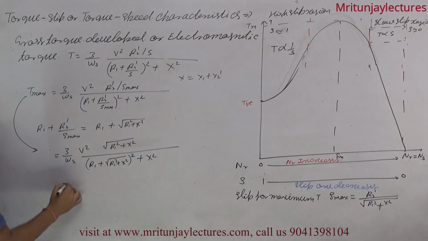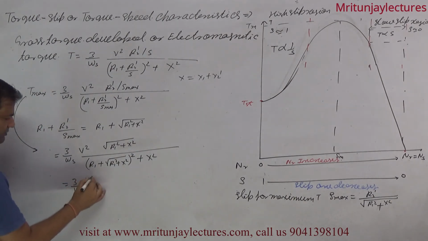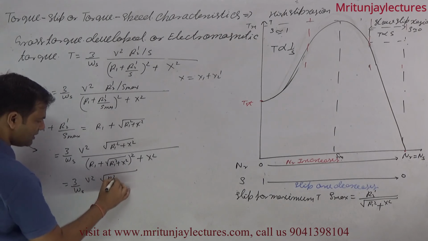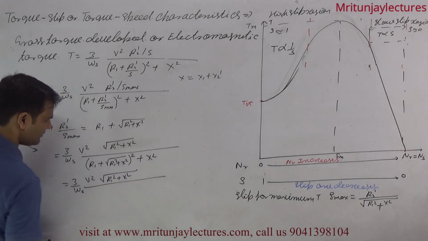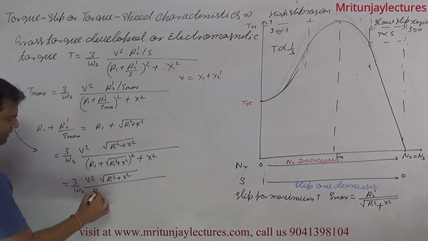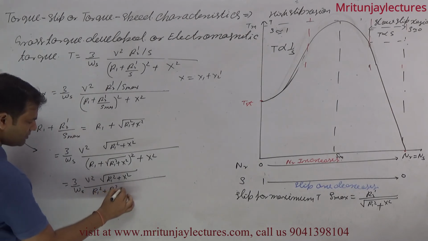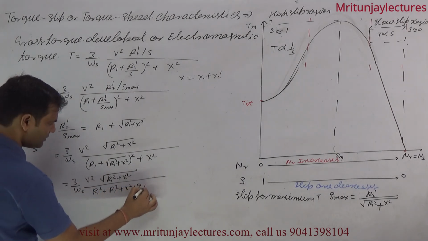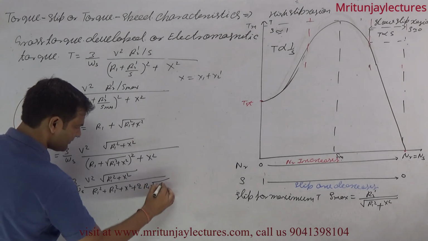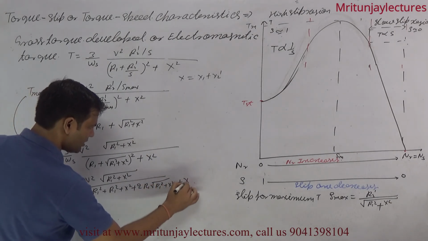Now 3/(ω s) V² under root r1² + x² divided by r1² plus 2 times r1 under root, like this one.